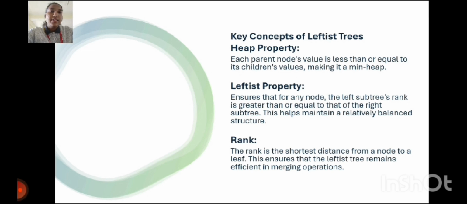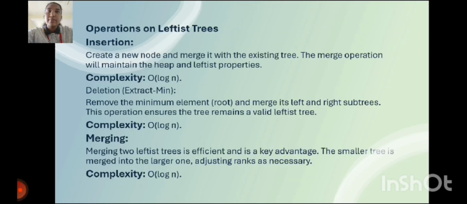Rank. The rank is the shortest distance from a node to a leaf. This ensures that the leftist tree remains efficient in merging operations. Operations on leftist trees.